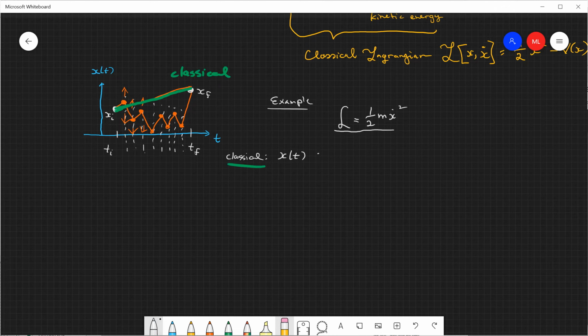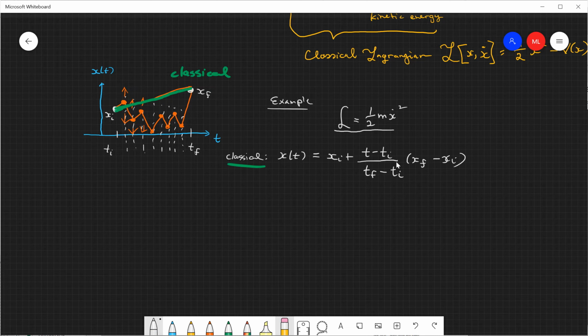So you can actually just write what that is. That's just the initial position plus whatever the velocity has to be in order to reach that final point at time tf.